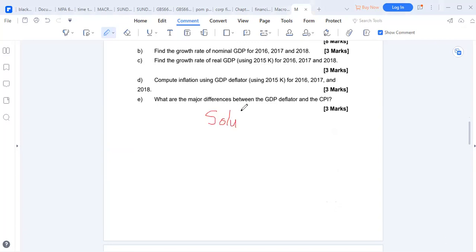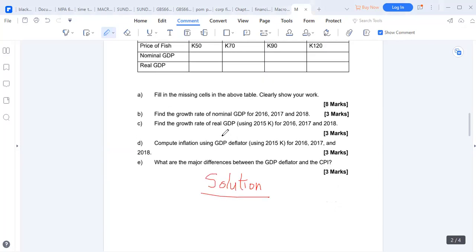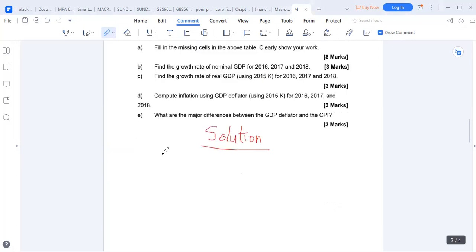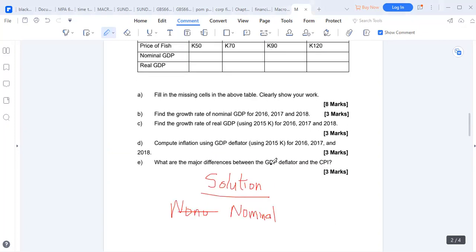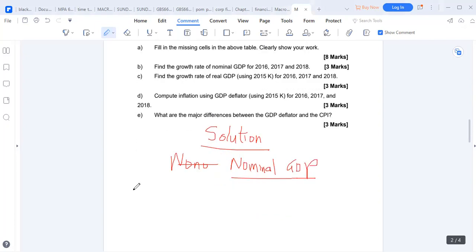So for 2015, we can find the amount on the nominal GDP. We are going to simply aggregate nominal GDP.